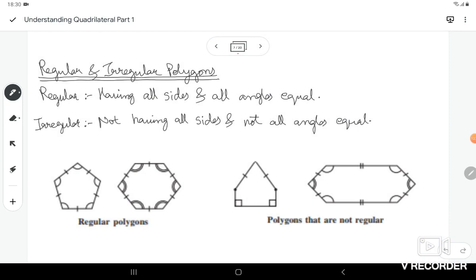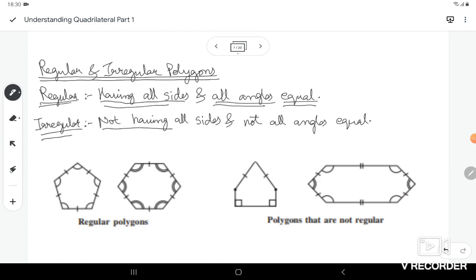Now there are other types of polygons, that is regular and irregular polygons also. Now what is regular polygon? Regular polygon has 2 conditions, that is all sides as well as all angles should be of equal length. And what is the case with the irregular polygon?